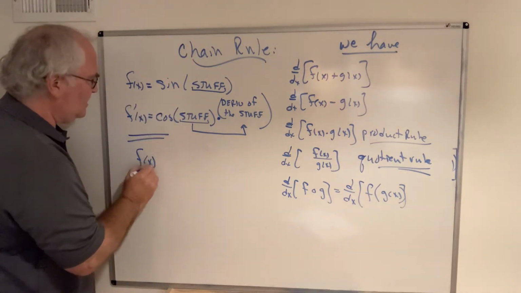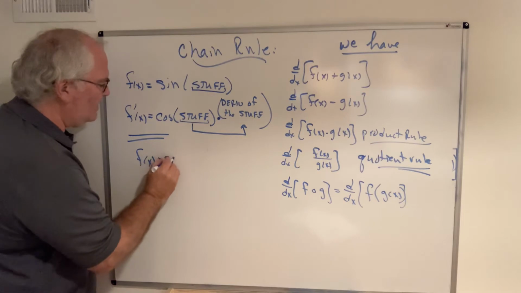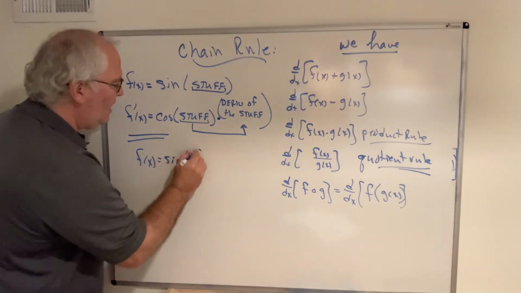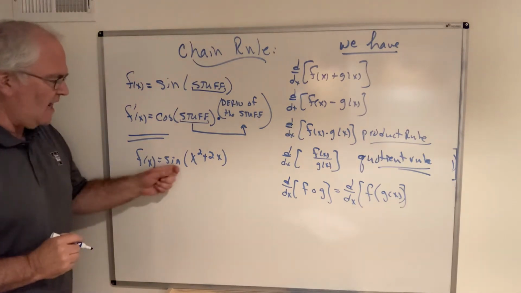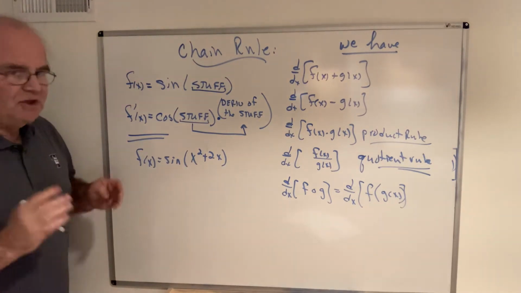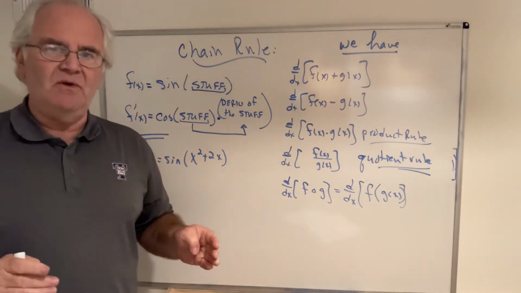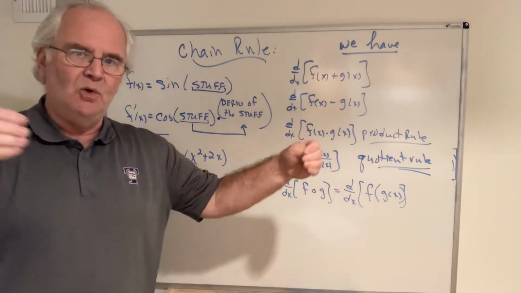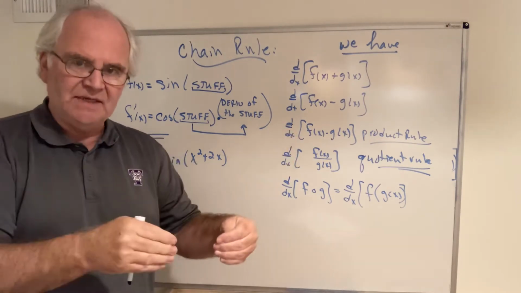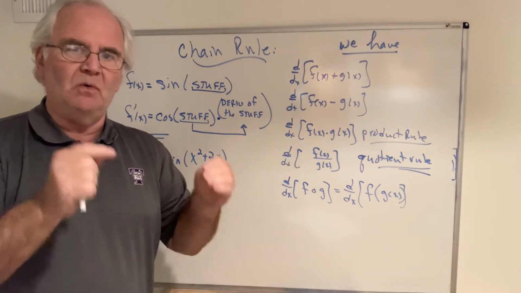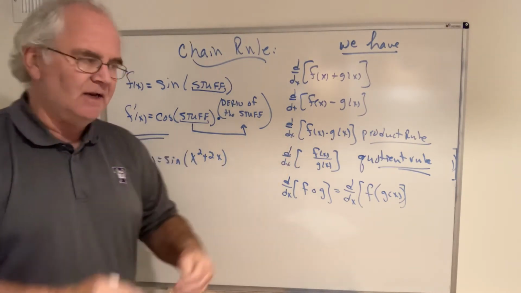Suppose f of x is something very simple. I have sine of x squared plus 2x. All right? This is sine of some stuff. When we do the derivatives for the chain rule, you work from the outside in, not the inside out. The chain rule works from the outside in.